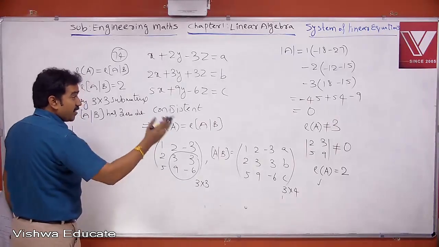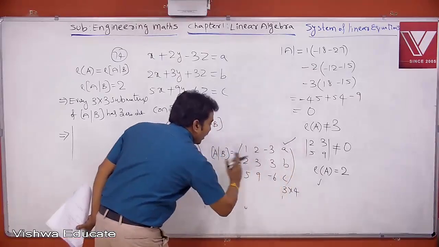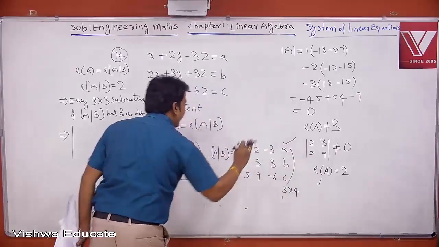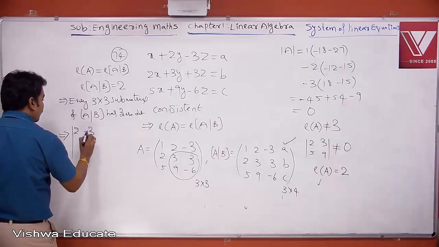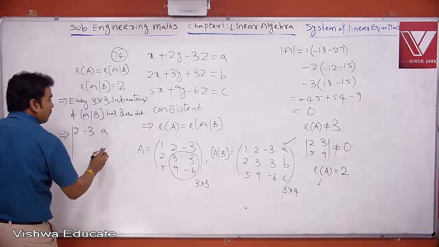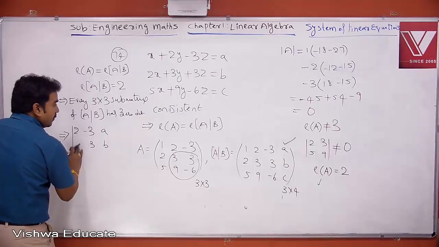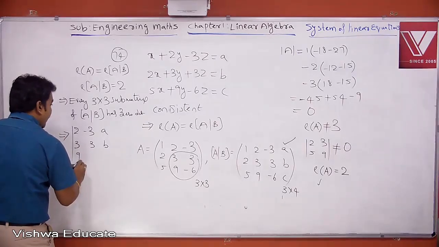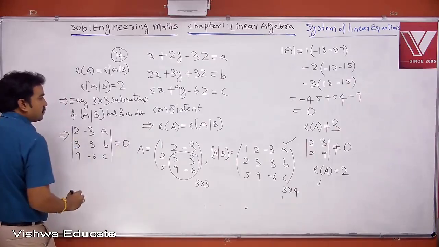But as answers are given in terms of a, b, c, definitely you consider this column, and in the rest of the 3 columns you choose any 2. That is your choice. I am eliminating the first column. So this is det of [2 -3 a; 3 3 b; 9 -6 c] equal to 0.